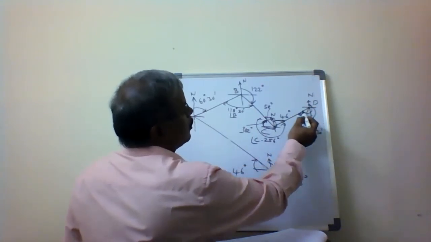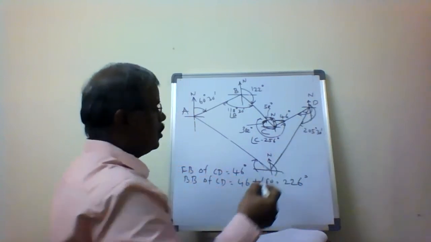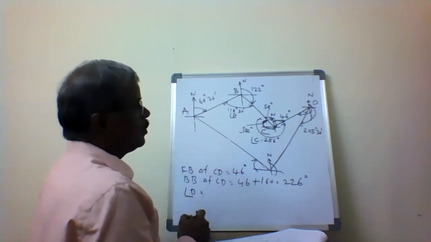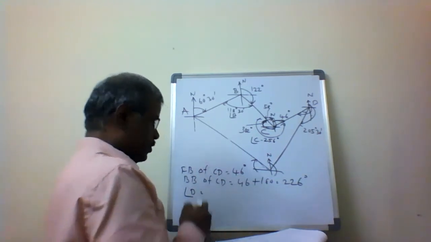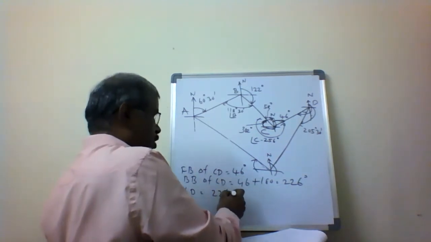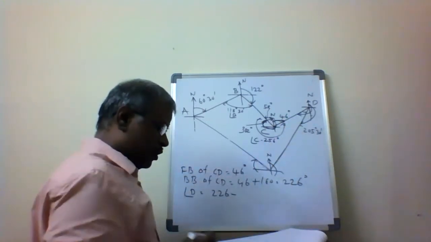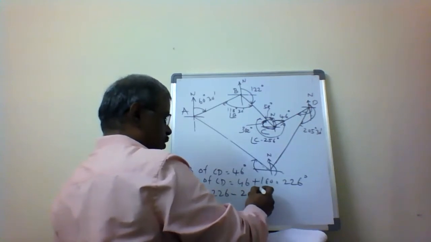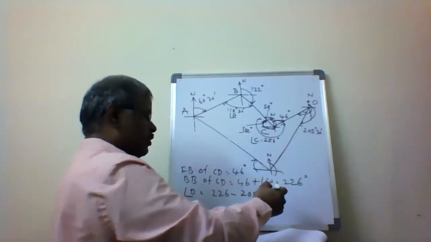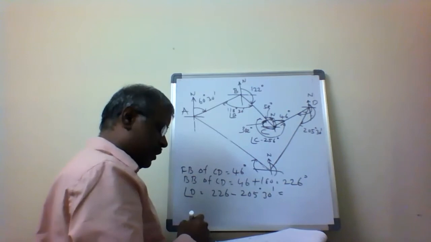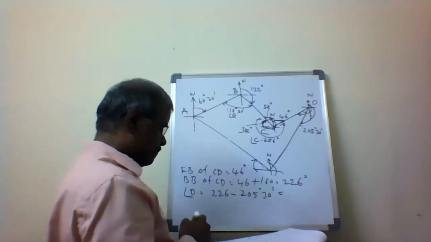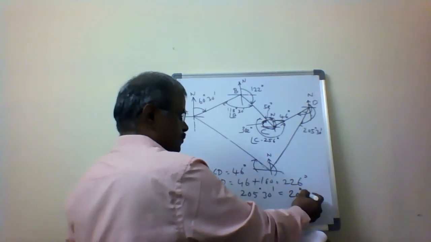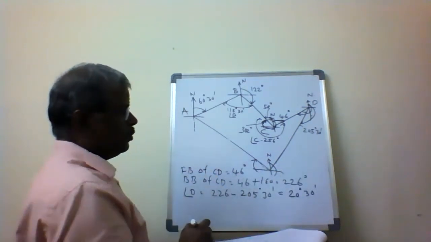Now I have to calculate angle D, which is 226 minus 205 degrees 30 minutes, the forward bearing of the next line. So angle D is 20 degrees 30 minutes.